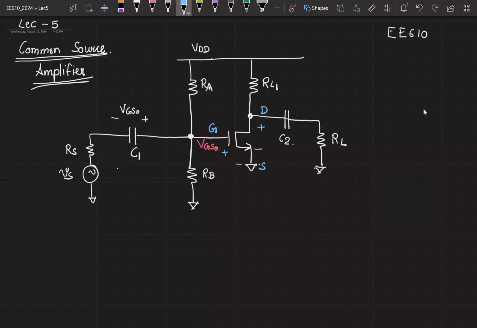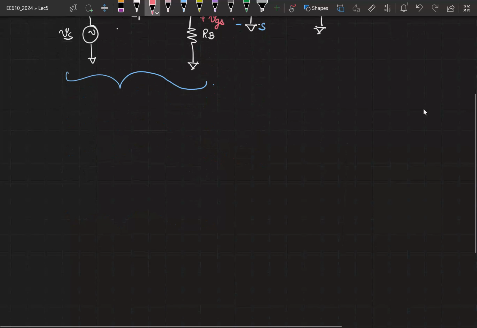Now I would like to give you one more perspective on how you could build up a circuit such that you can have two voltages connected at the same point. For example, at the gate node, you now have VGS0 plus a small signal VGS. Right? So to generalize, the problem is this.